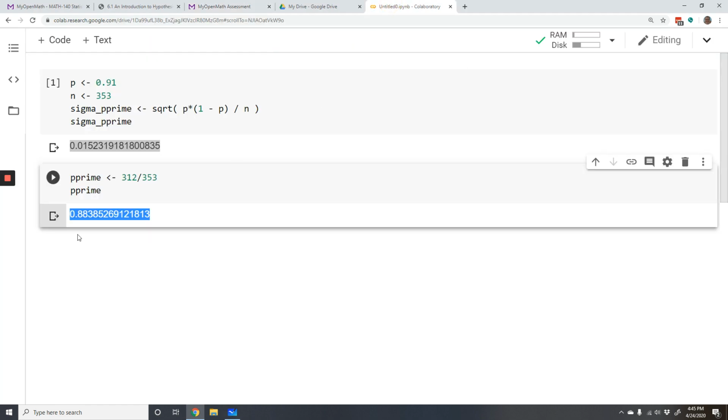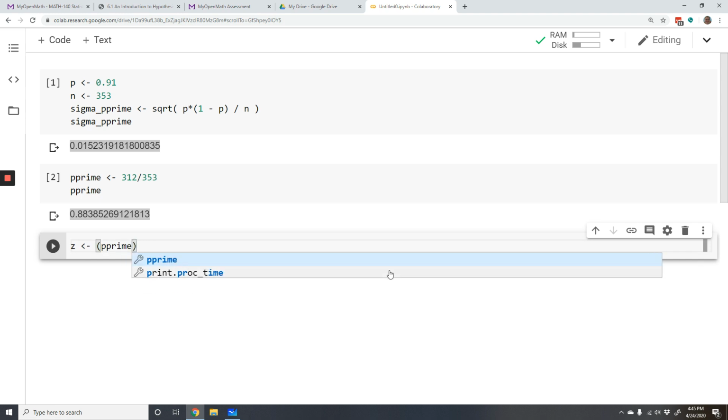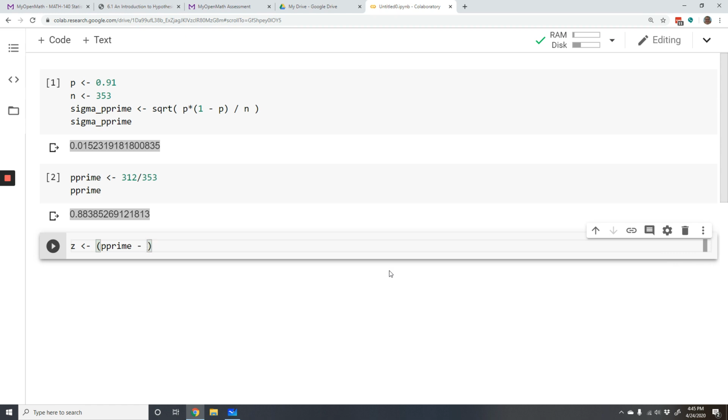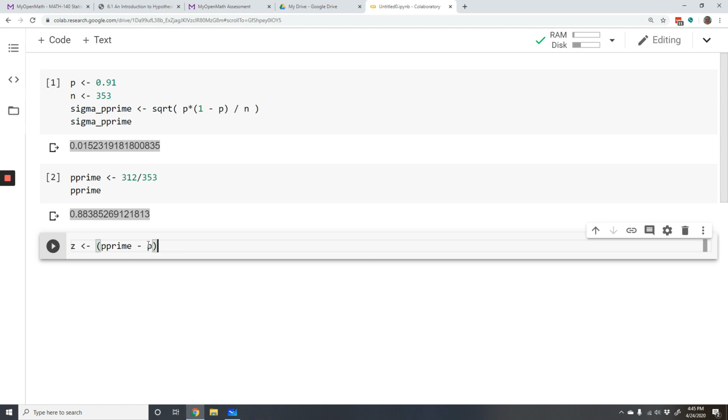So let's throw that into our notebook. So we're going to find a z-score, and we want p prime minus mu sub p prime, which we said is our population proportion p, divided by the standard deviation of the distribution, which is sigma sub p prime.